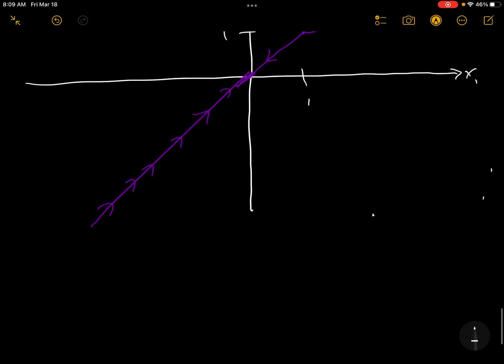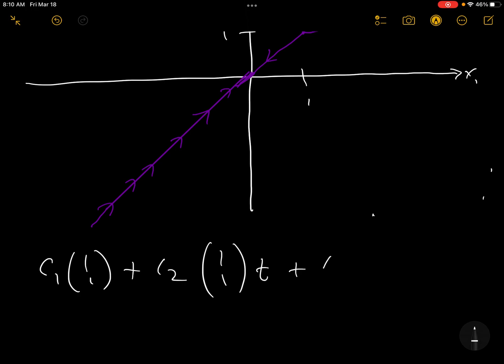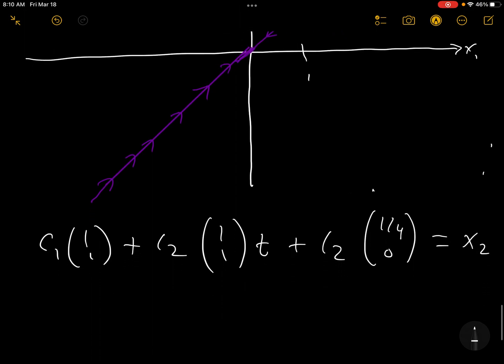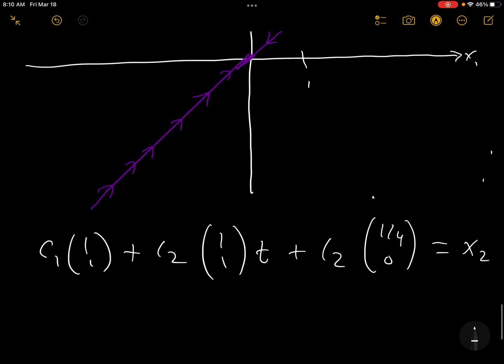And what's left is C1 (1, 1) plus C2 [(1, 1) t plus (1/4, 0)]. This is a line on this graph, and all the trajectories converge to 0 parallel to this line as they come in.